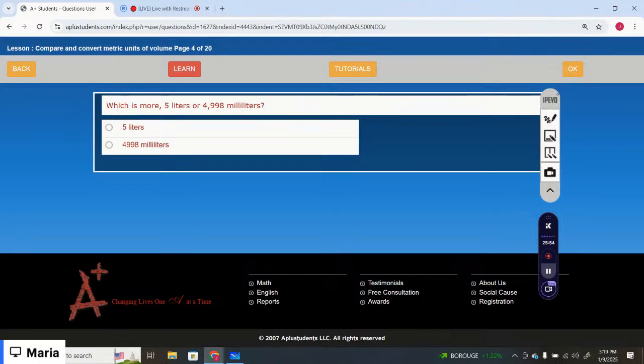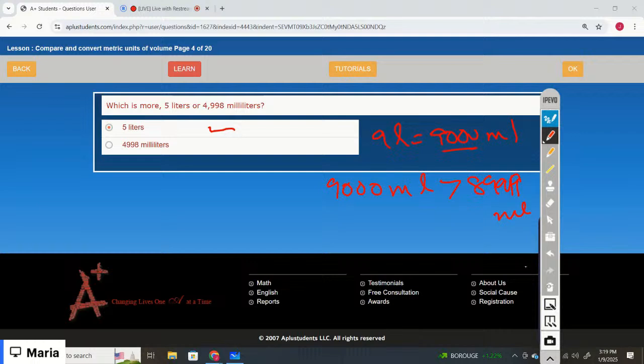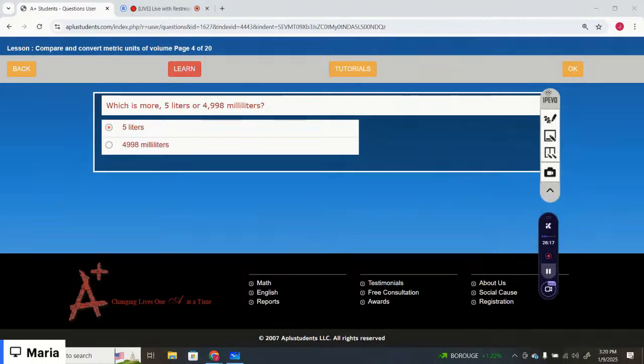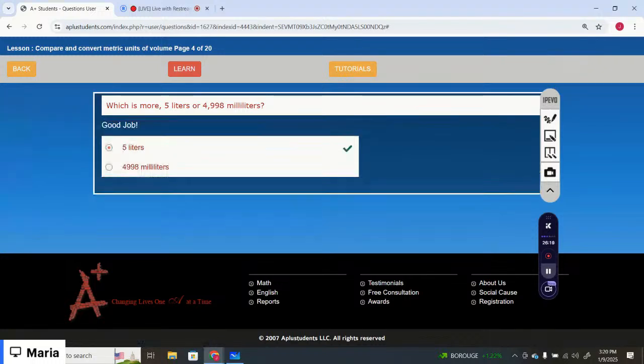That is 5 liters, because 1 liter equals 1000 milliliters, right? So then 5 liter equal 5000 milliliters, and 5000 milliliters is more than 4998. So option number 1 is the correct option.